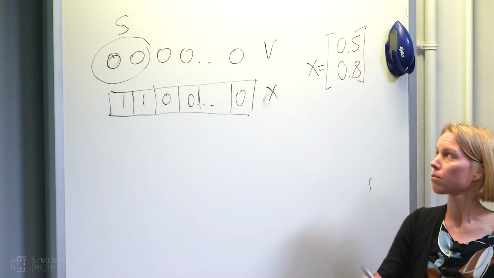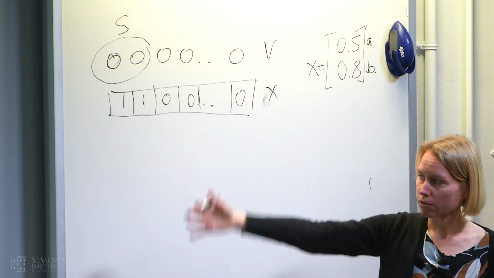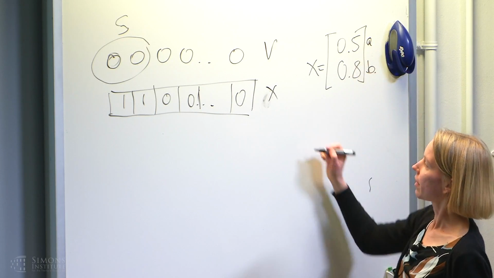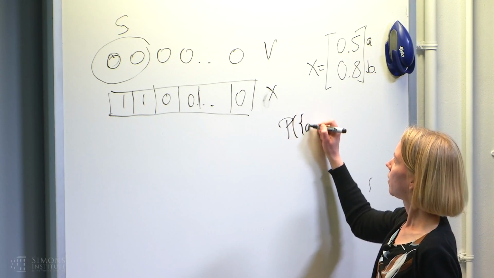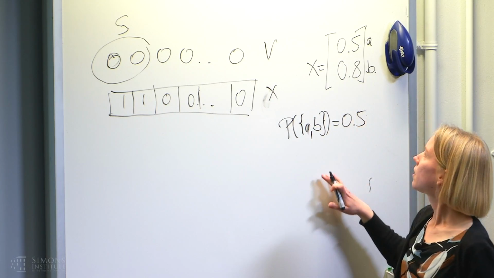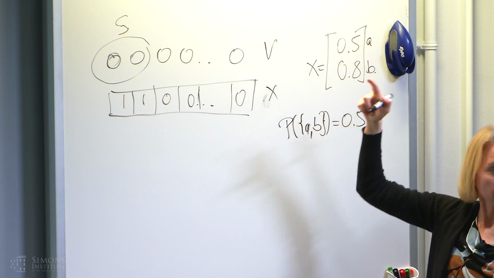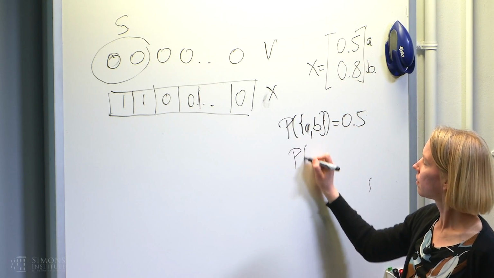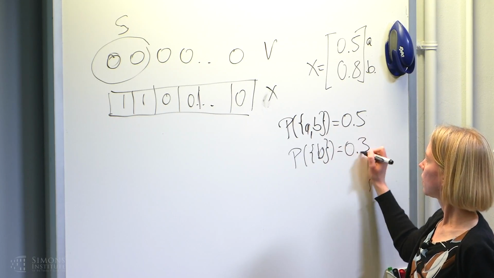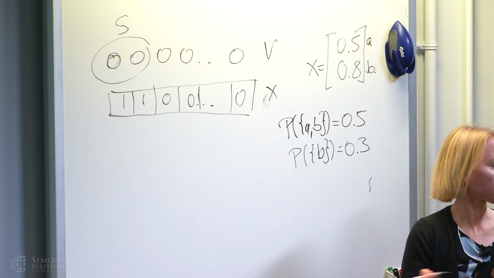We have two coordinates, so we have item A and item B. Now if I do this threshold rounding, the probability of getting both of them is 0.5. So the probability of getting A and B is 0.5. The probability of getting just B is the difference between these. This is 0.3. And with probability 0.2, I'm going to get the empty set, and that's it.